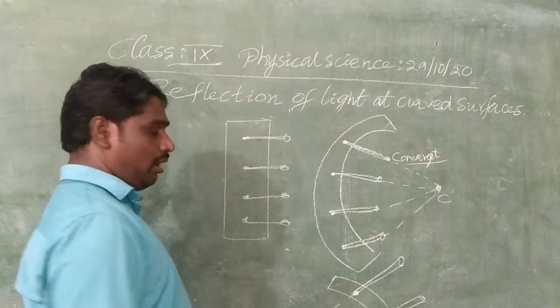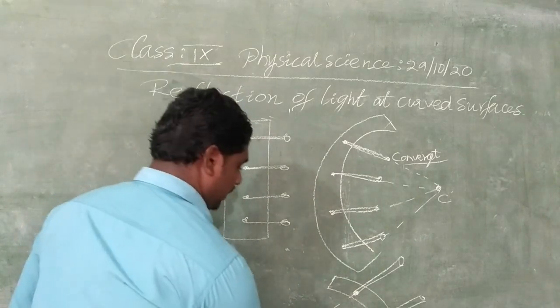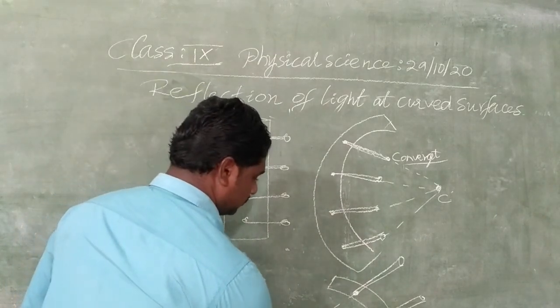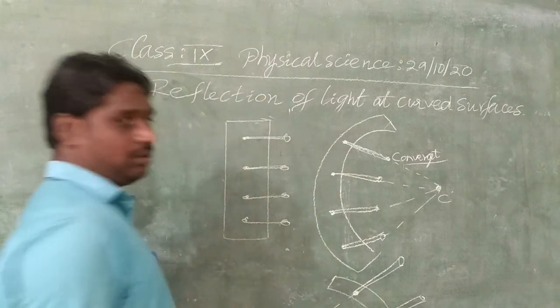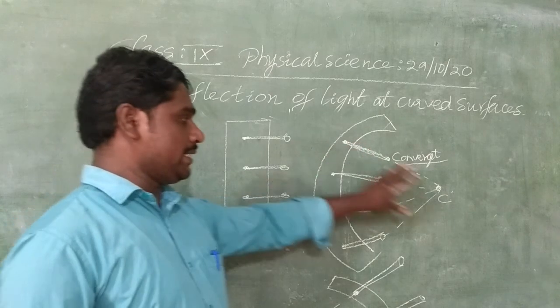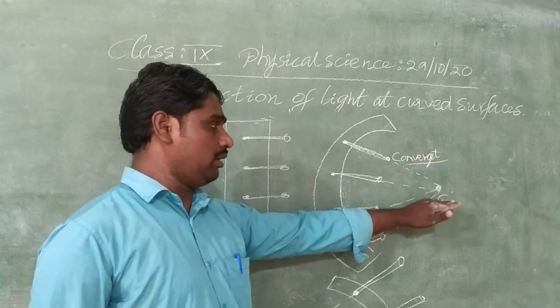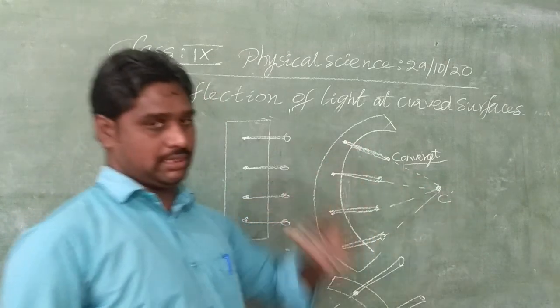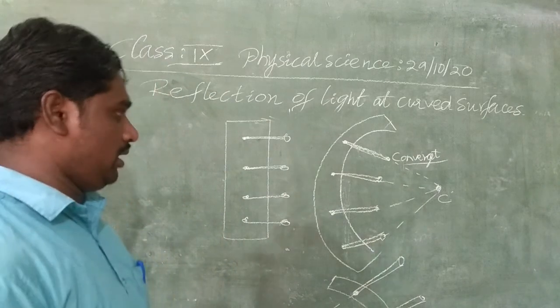The point where all normals intersect is called the center of curvature. C stands for center of curvature.